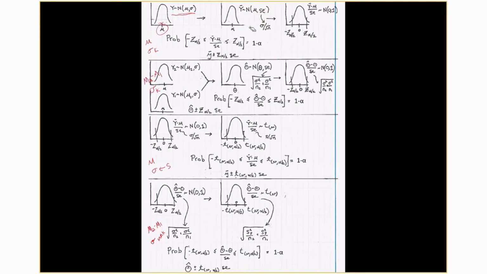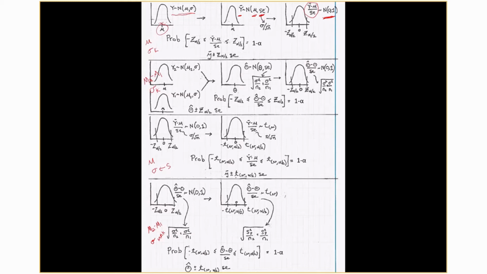So with all that in mind, we can start off with y bar, we can subtract mu, we can divide by standard error, and that gives us y bar minus mu divided by the standard error. What do we know about that? We know it has a standard normal distribution. And the advantage of a standard normal distribution is that it permits us to use a Z table.